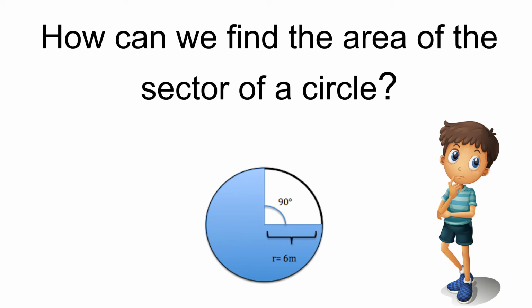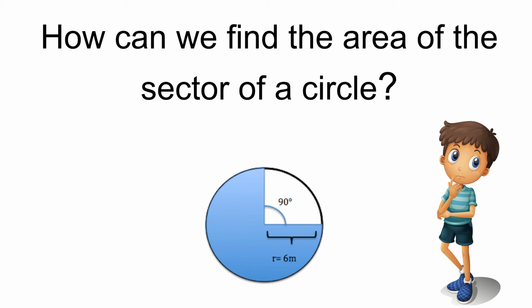Good thinking. Now, if we did not want to use a quarter, what could we have said otherwise? That's right. 90 divided by 360 degrees multiplied by pi r squared.